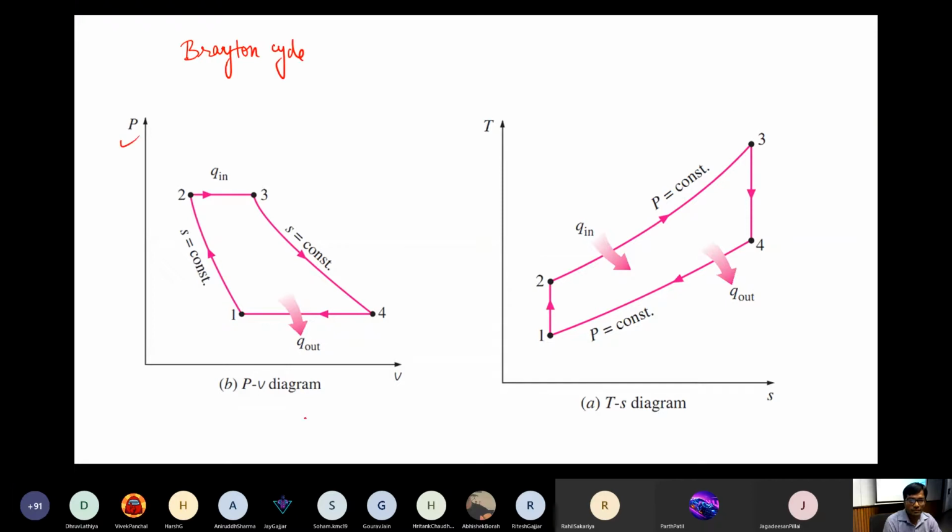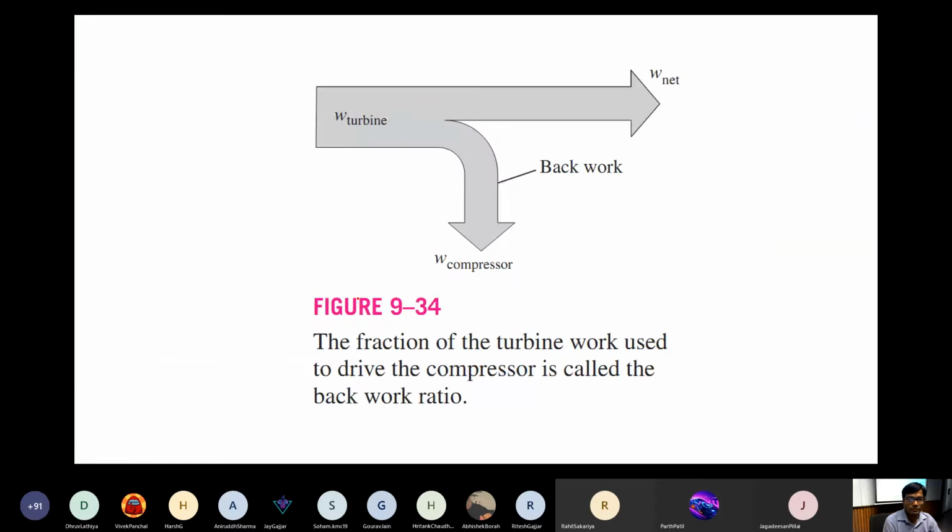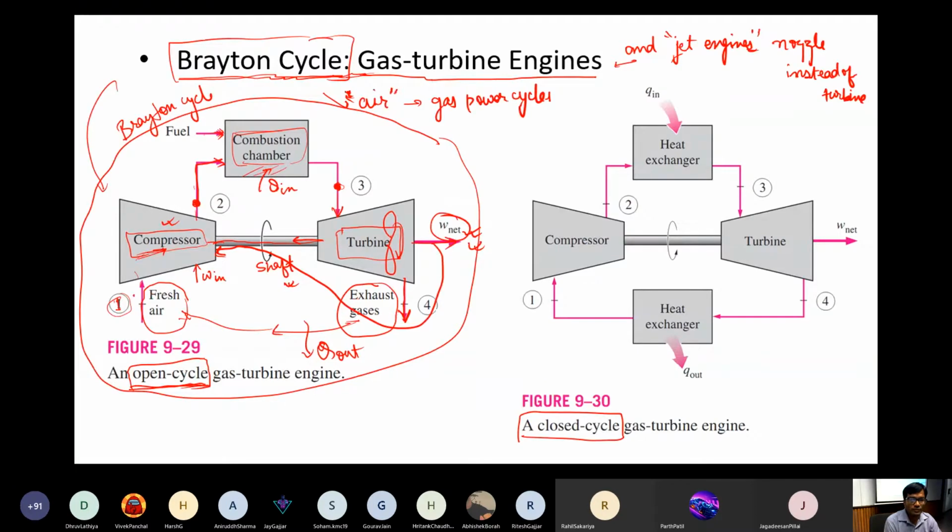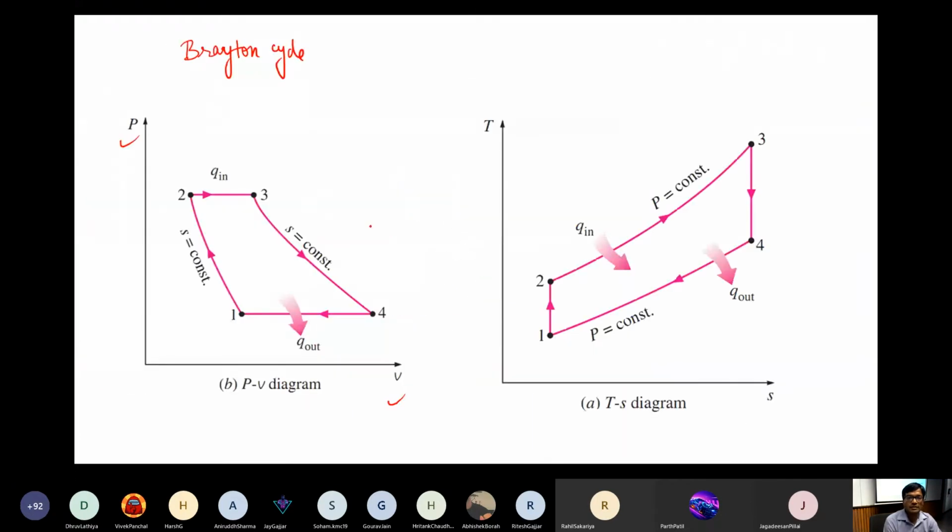PV diagram. Okay, so in the PV diagram, from 1 to 2, the compressor and turbine are isentropic devices, right? Remember, isentropic devices. Also steady, they operate steadily, steady isentropic devices.